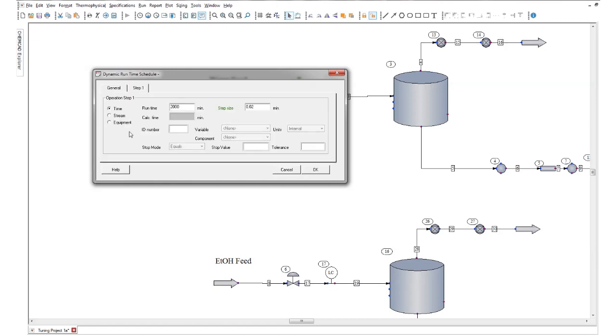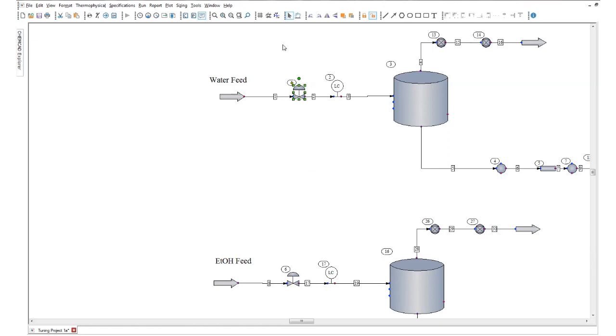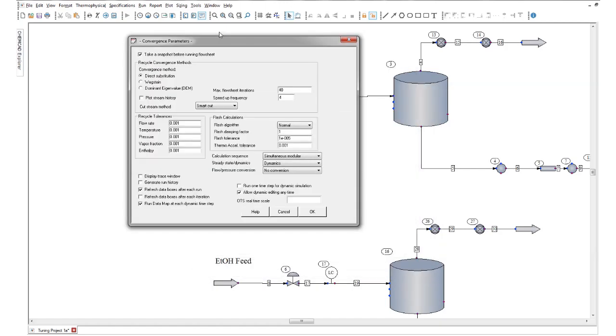At the present time, I can run for a total of 2,000 minutes. And this is in terms of simulated minutes, not actual minutes. And I'm going to take a small step size to do the integration and click OK. Also, on the Run menu, I'm going to look at my convergence parameters.